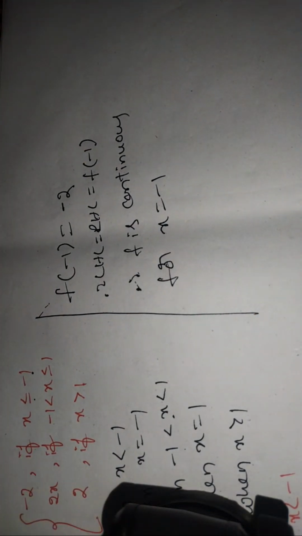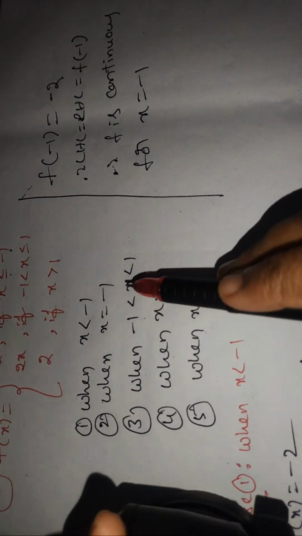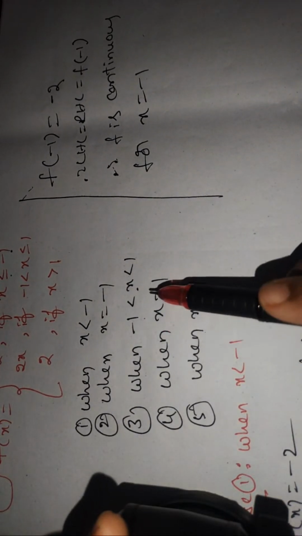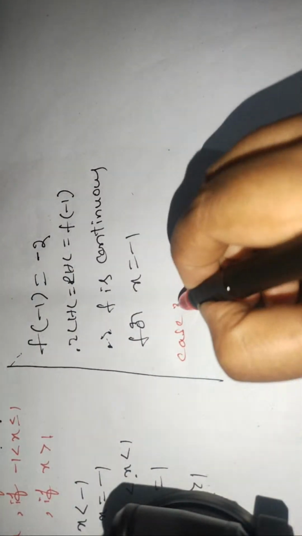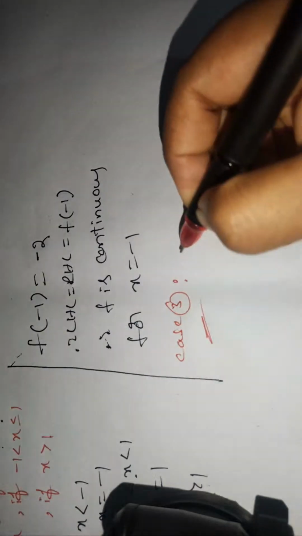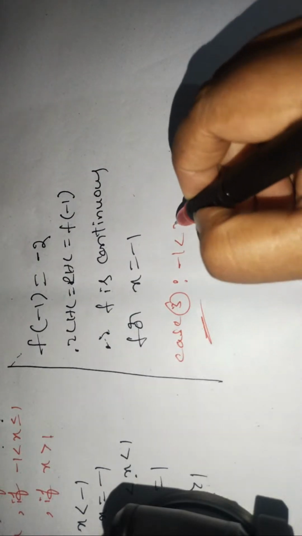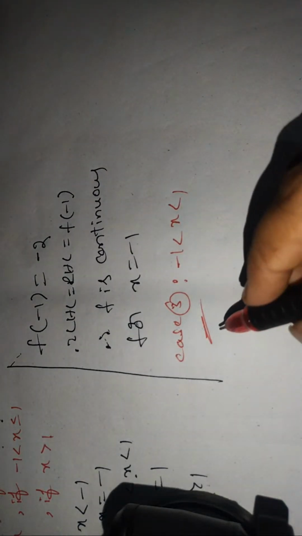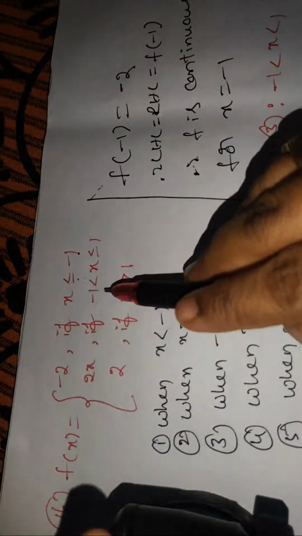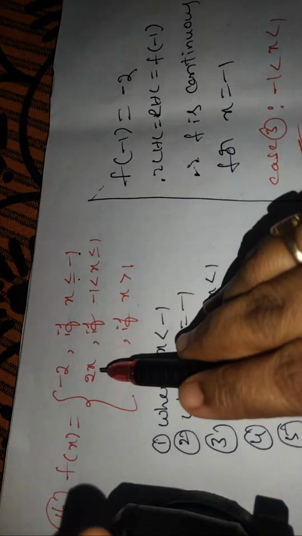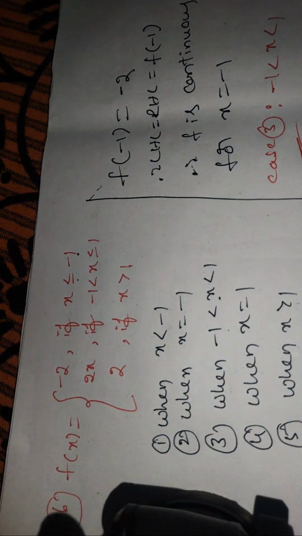Next case. What is the next case? The x equals minus 1 case is over. Next, the minus 1 less than x less than 1 case. So case 3, minus 1 less than x less than 1. At that time, what is the function? When minus 1 is less than x less than 1, the function is 2x.